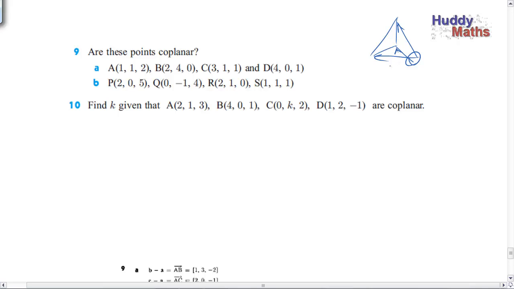It doesn't matter which way. You could be looking at the tetrahedron from underneath or from this side, so it doesn't matter which ones you choose there. You start with a defining point, let's say it's D, and go to A, B and C, or P, Q, R, S, whatever. Start at a point and create vectors out to the other ones, and then try to find its volume. All right, I'll leave you with that. Have a go, and I'll show you the answers now.